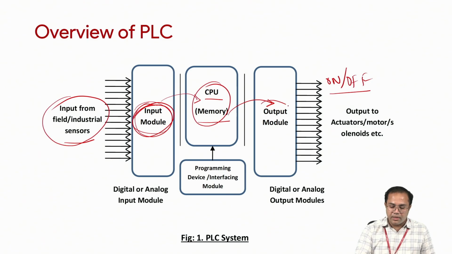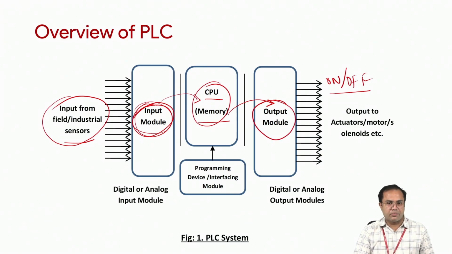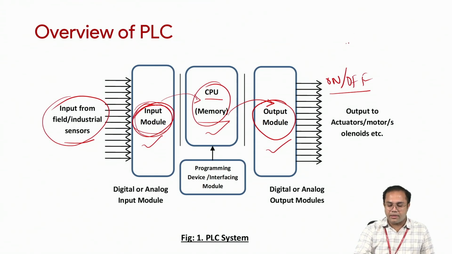Then accordingly, the output scan will also be performed, so that the outputs get updated. It won't freeze, but it will get updated instantly with respect to the change in the input, and with respect to the logic, the output will get updated immediately. So this process is continuous, like a cycle.